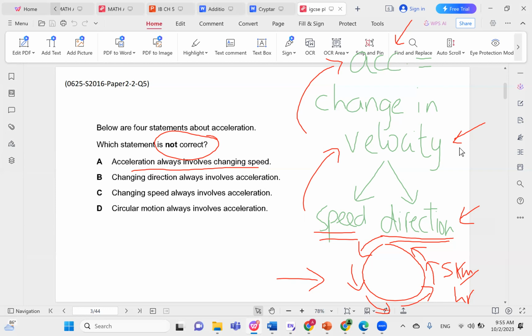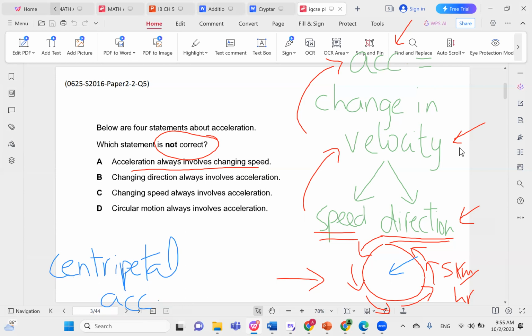And it's directed towards the center of the circle. So moving in a circle gives us what we call centripetal acceleration.